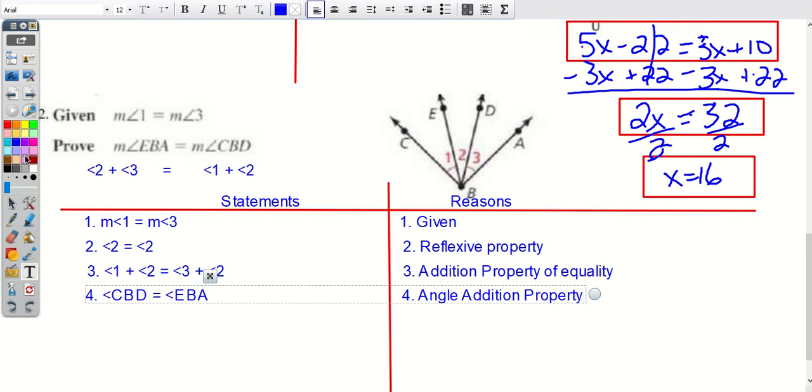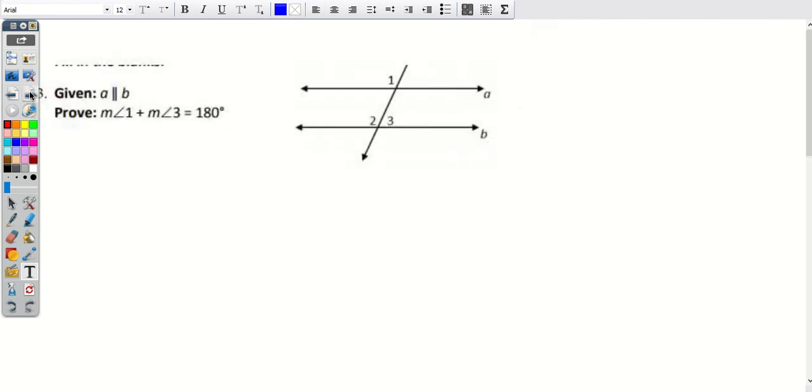If you wanted to do an extra step here and say angle 1 plus angle 2 is equal to CBD, and angle 3 plus angle 4 is actually equal to EBA, that would be angle addition, and then your last step here would actually be substitution. So if you do that step, that's fine. Just understand what you would say for each step there.